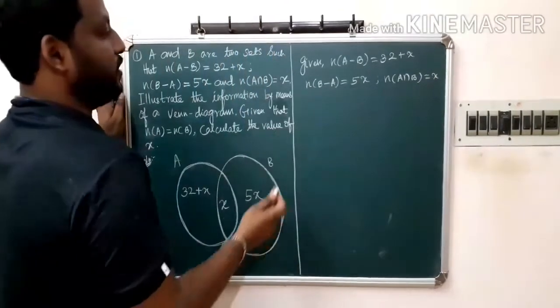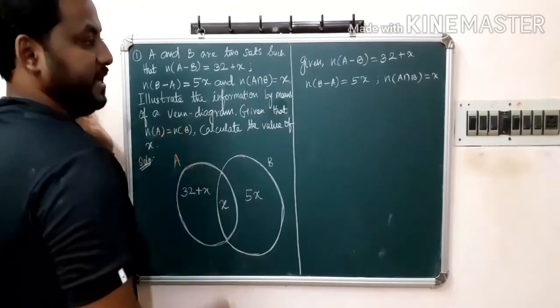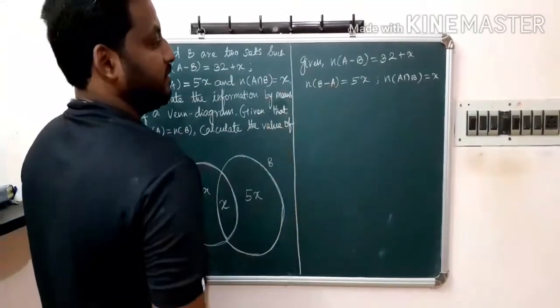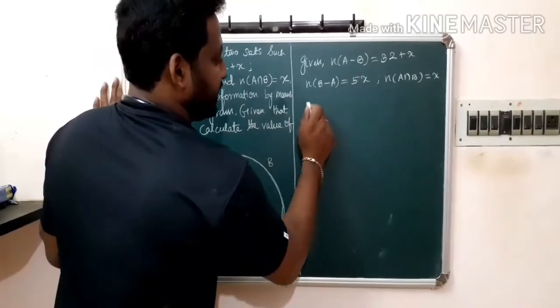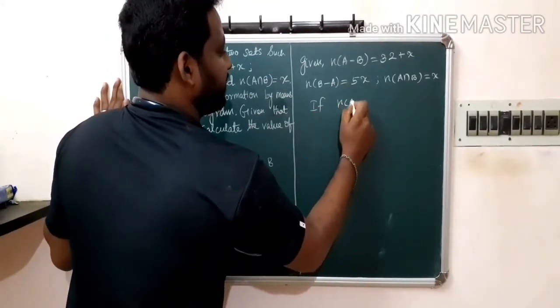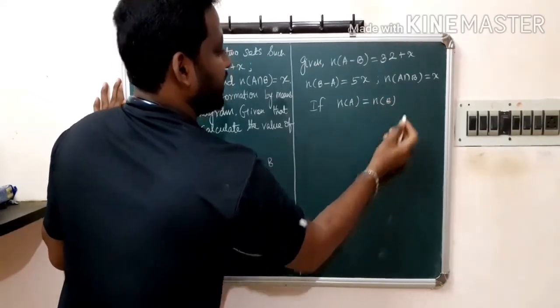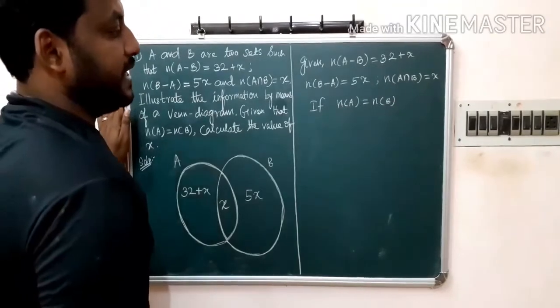So here we have to find out x, and one condition is given: if N of A is equal to N of B, what is the value of x?